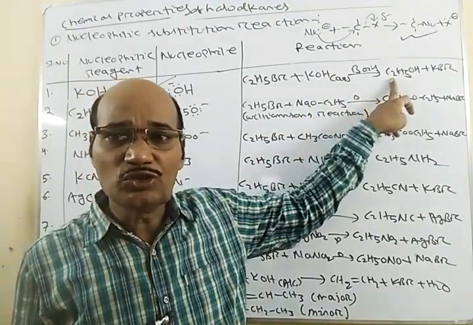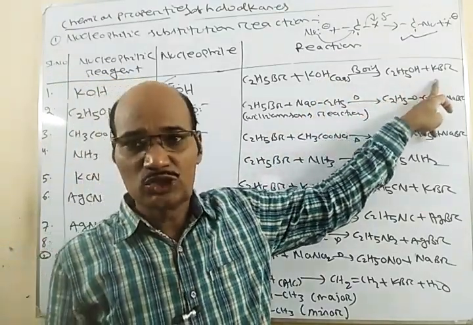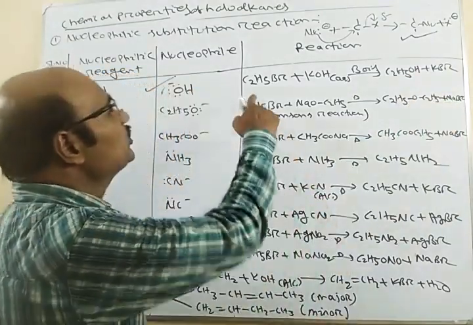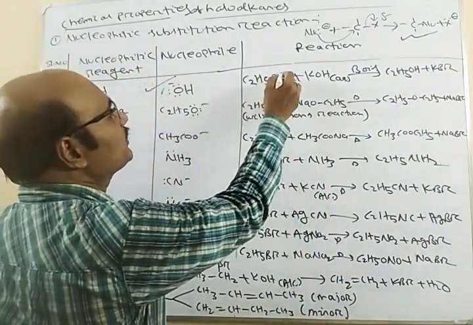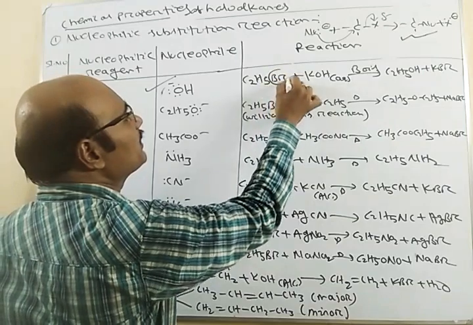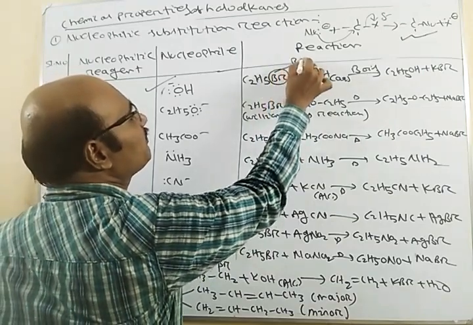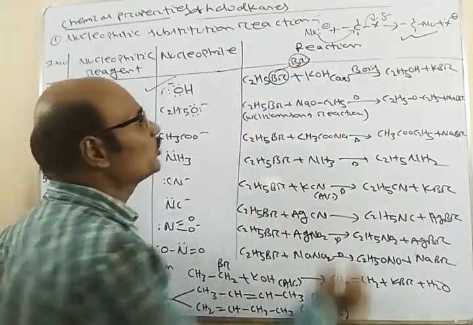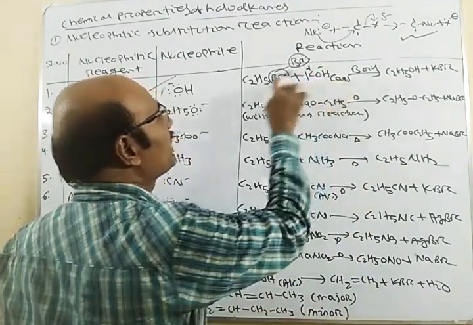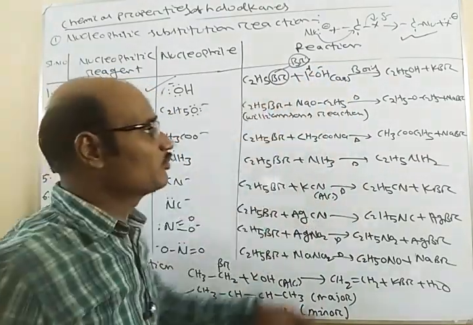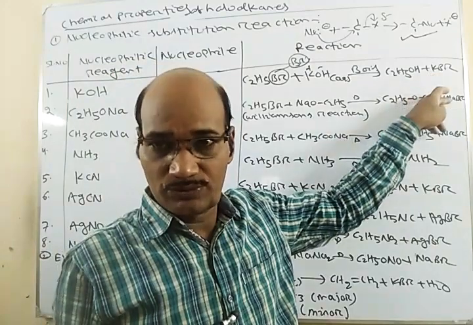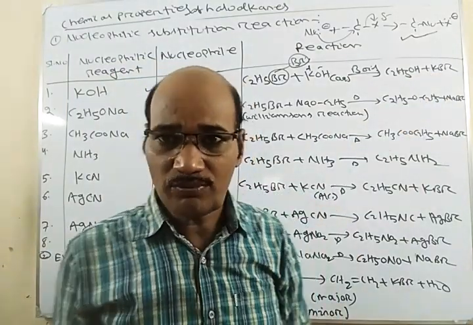You get C2H5OH plus KBr. So what happens here actually? In C2H5Br, the Br goes out as Br minus as the leaving group, and OH minus as the nucleophile attaches to this carbon. So I am getting C2H5OH.